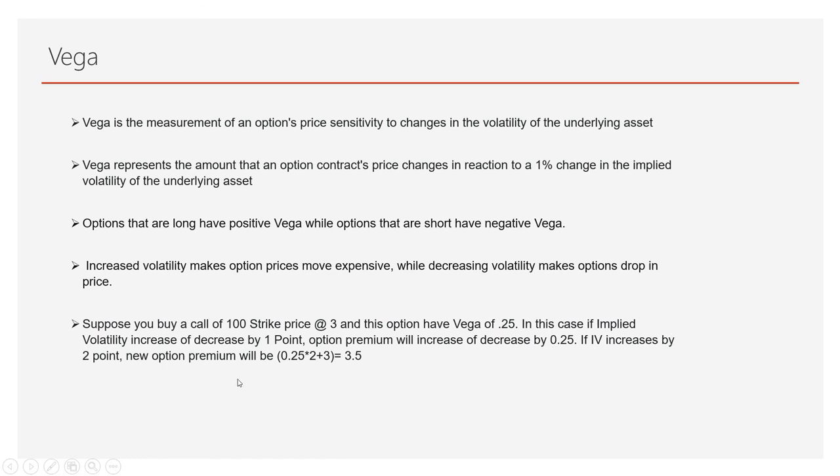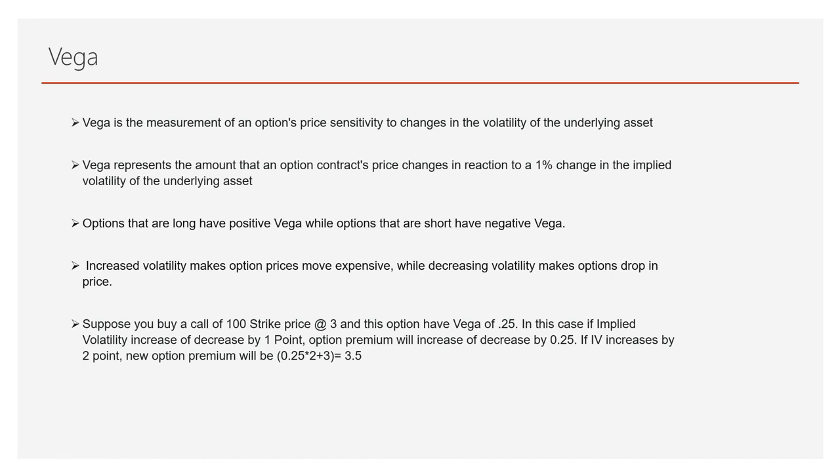So with a 2 point increase in IV, our option premium will increase by 0.5, because 0.25 is our Vega and IV has risen by 2 points. So 2 into 0.25 plus 3, our earlier premium, means our new premium will be 3.5.